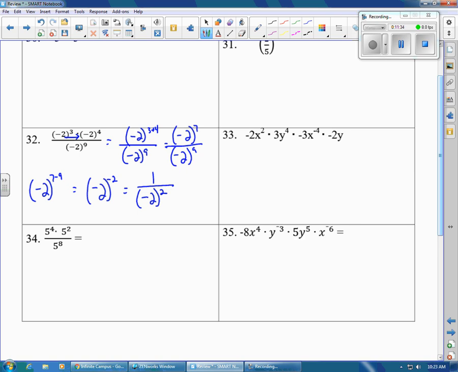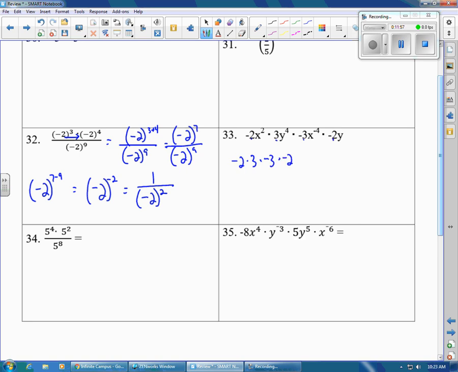Okay, the next one looks very complicated, but again, if we rewrite it to group our bases together, it won't be quite as complicated as it looks. So I'm going to use the commutative property to pull out, first of all, my constants that do not have any exponents with them. So I've got negative 2 times 3 times negative 3 times negative 2.